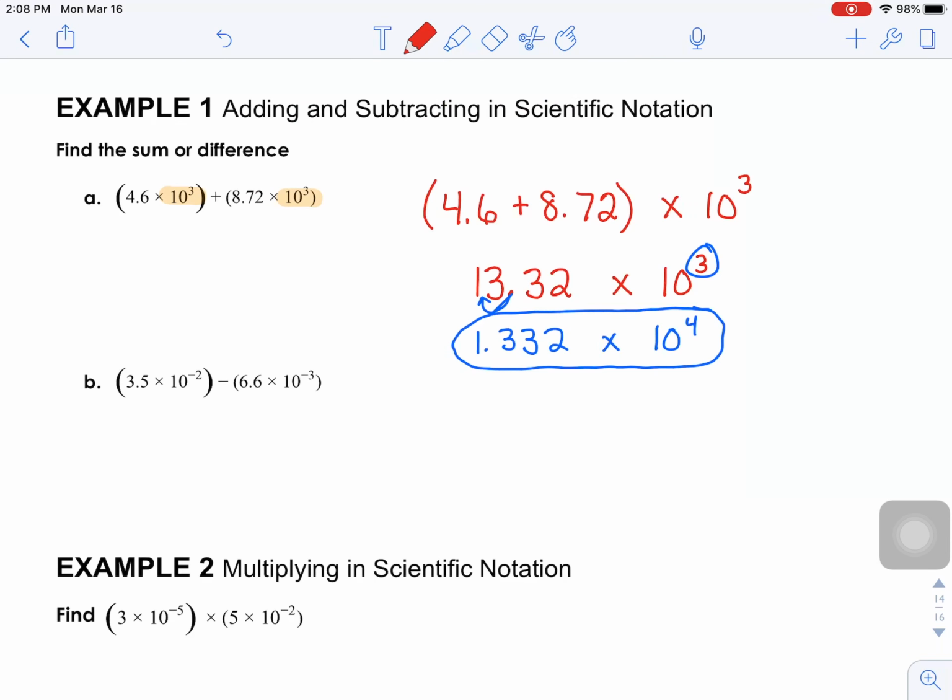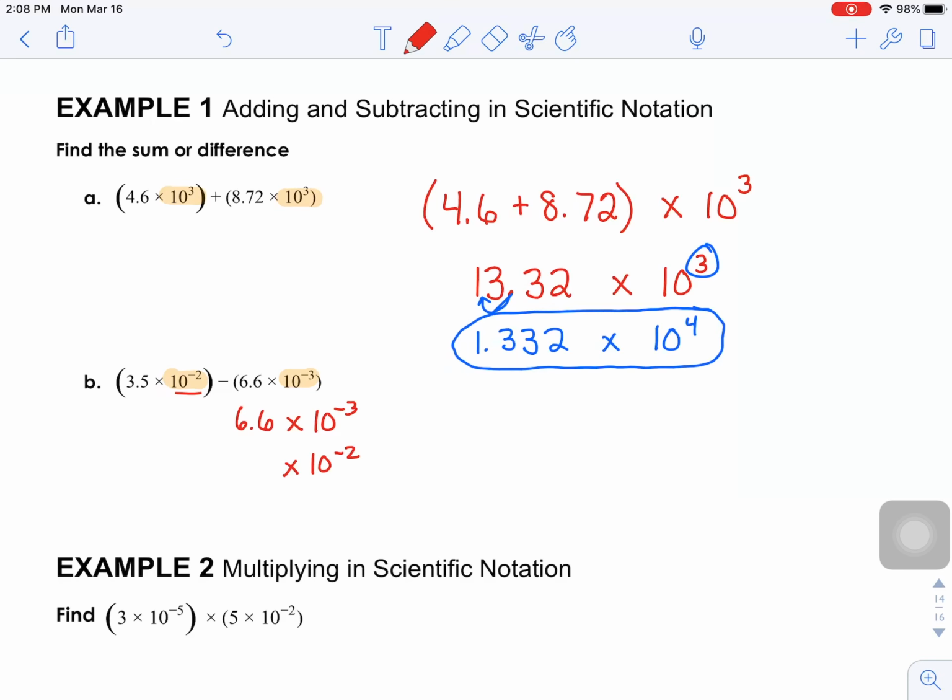All right, in our next example, example B, this one is subtraction. Right now we can see we're starting with different powers. So before we're able to combine those coefficients, we want those powers to be the same. So I'm going to change the 6.6 times 10 to the negative third to make it times 10 to the negative second, like the piece to the left.